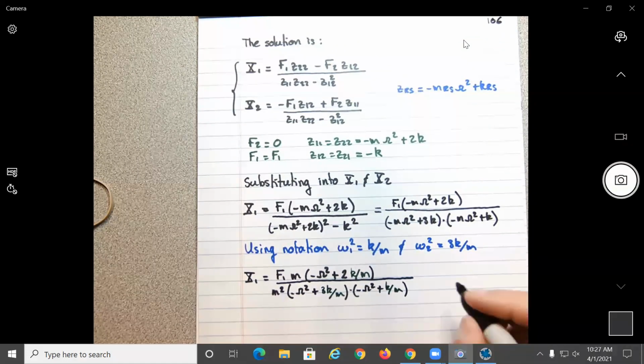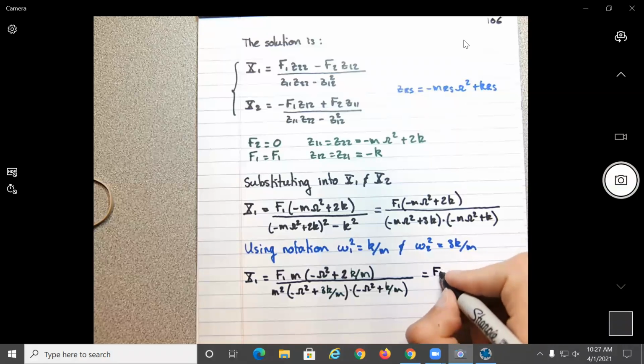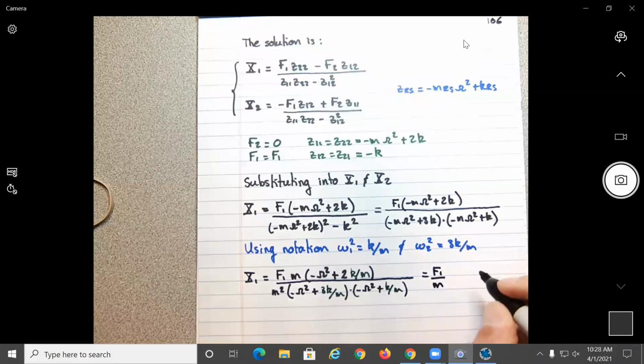All right, so we can write this as F1 over M times 2 omega 1 squared, which would be this one here. The K over M is omega 1 squared, minus capital omega.